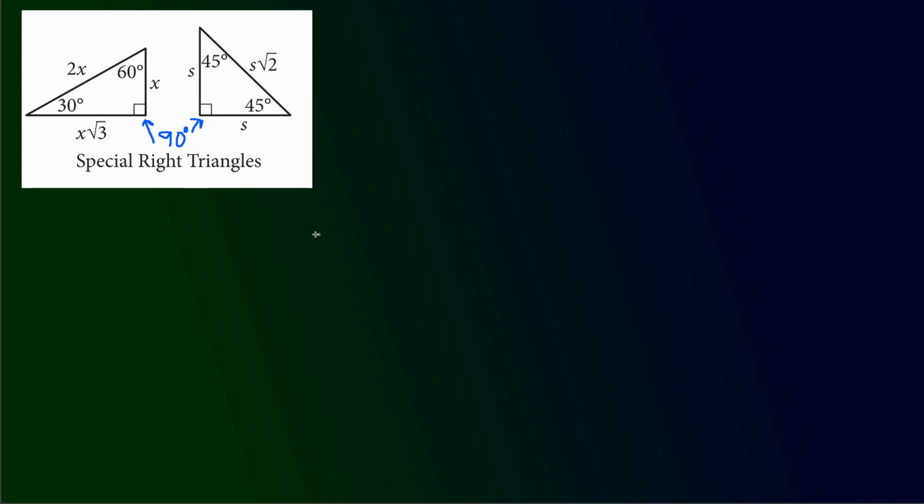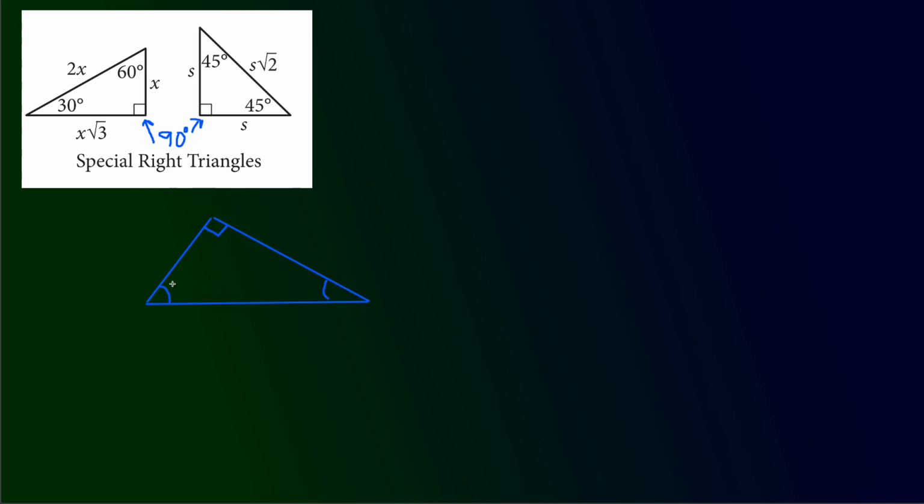Now there can be other right triangles, right? You can have a right triangle that has a 90-degree angle, but then let's say it looks like this. Now this may look like one of the ones up there, but if they don't tell us that one of these is 30 degrees or 45 degrees, then we don't know. For example, if this was 30 degrees, then we know it's a 30, 60, 90.